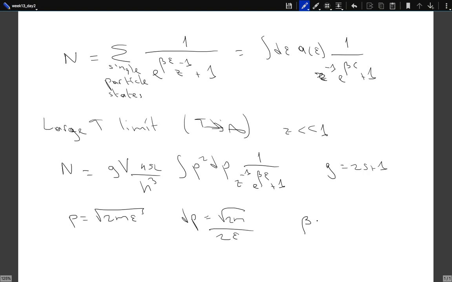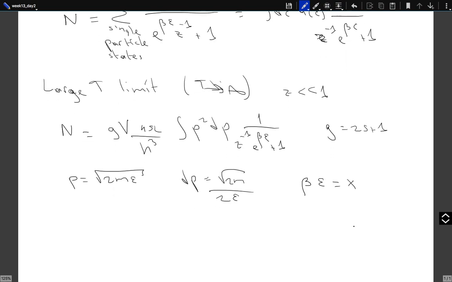If we make another change of variable and call beta epsilon as x, then n becomes g times V over lambda cubed, times the integral of dx x to the power 1/2 divided by z to the power minus 1 e to the power x plus 1.